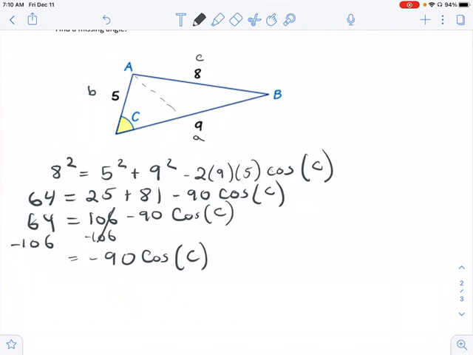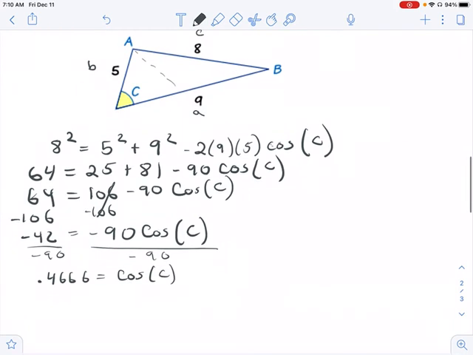It's super early, so let's plug it into a calculator. 64 minus 106 is negative 42. I'm going to divide both sides by negative 90. So I'm getting 0.4666. Maybe I'll go one more digit, and call it cosine C.